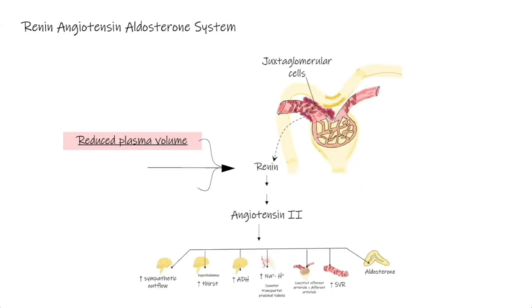So our three stimuli, reduced plasma volume, decreased mean arterial pressure, and reduced renal perfusion, all will cause an increase in the release of renin, setting off this renin-angiotensin pathway, and as a result, all of these different effects will occur to help us defend against drops in plasma volume or drops in blood pressure.